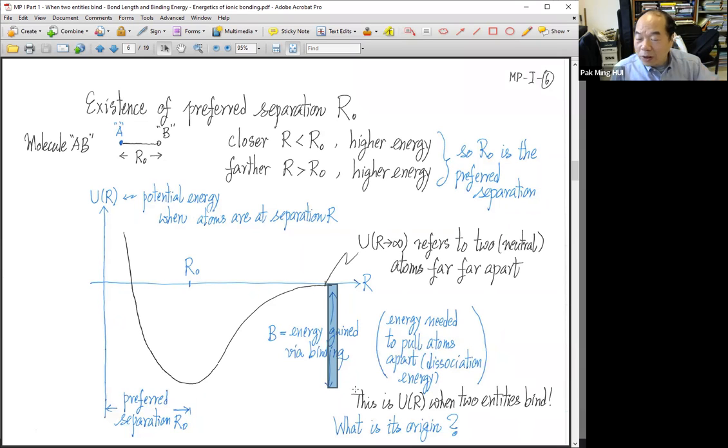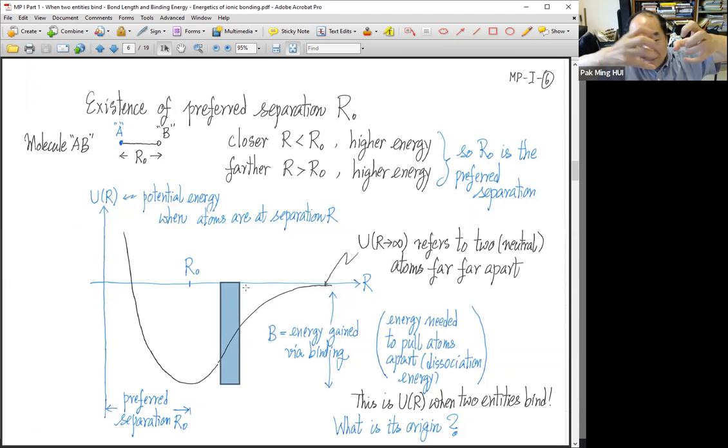So this is called the binding energy, B. In other words, after the molecule is formed, if you put in this much energy and try to break the two atoms, pull the atoms apart, this is the energy that you can pull the molecule apart into two neutral atoms.